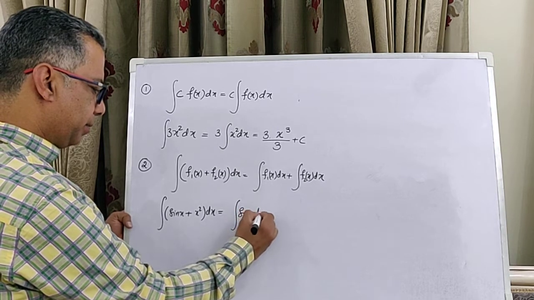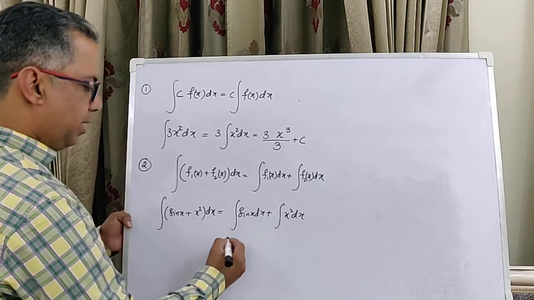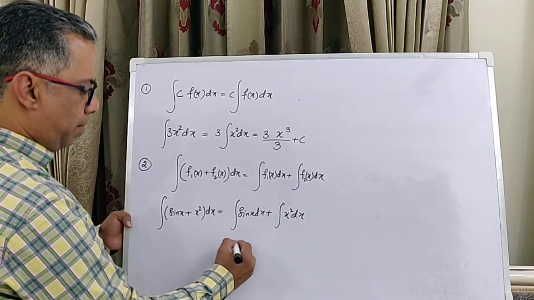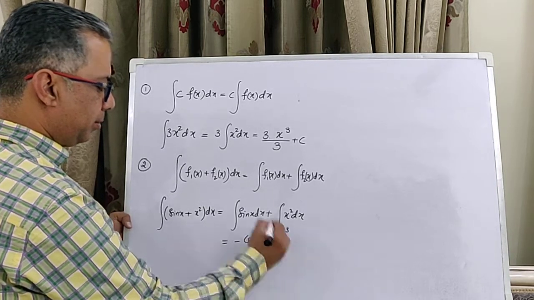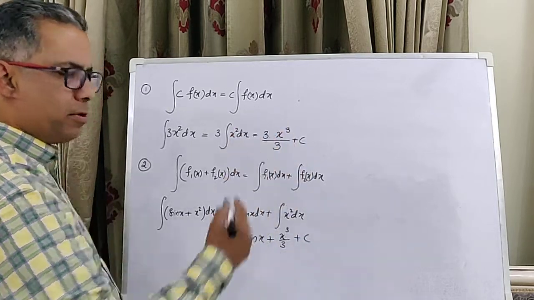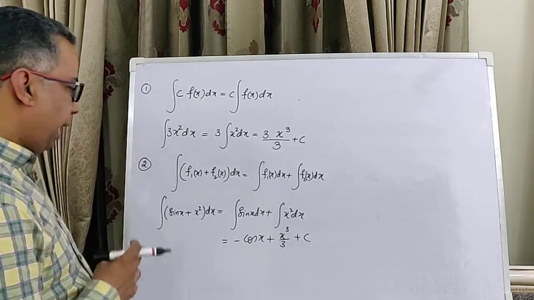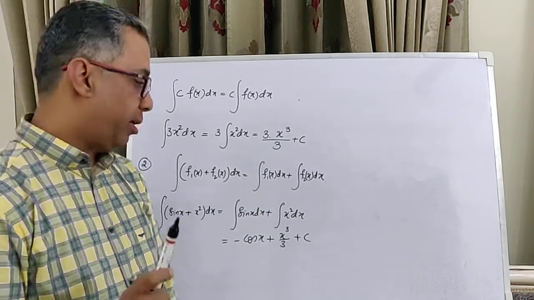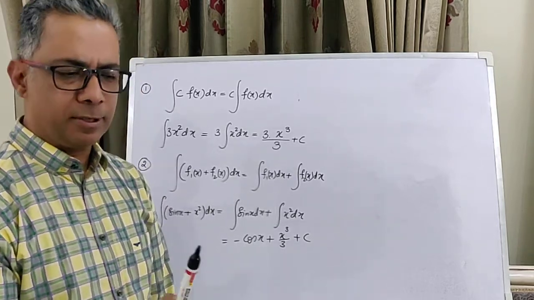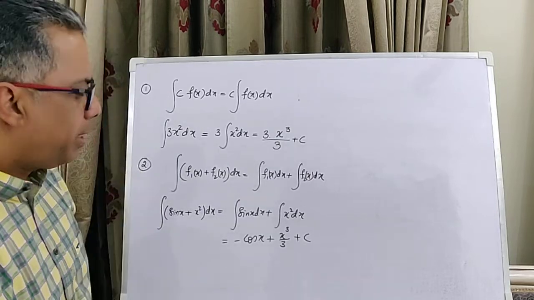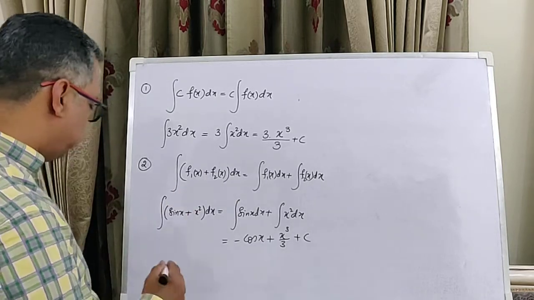Sin x dx plus x squared dx integrated, and this gives us minus cos x plus x cubed by 3 plus an unknown constant c. Another example here. Now remember one thing before proceeding further, that in integration we do not quite have a product rule or a quotient rule or a chain rule, but there are certain techniques, and I'll be giving you those in the following cases.